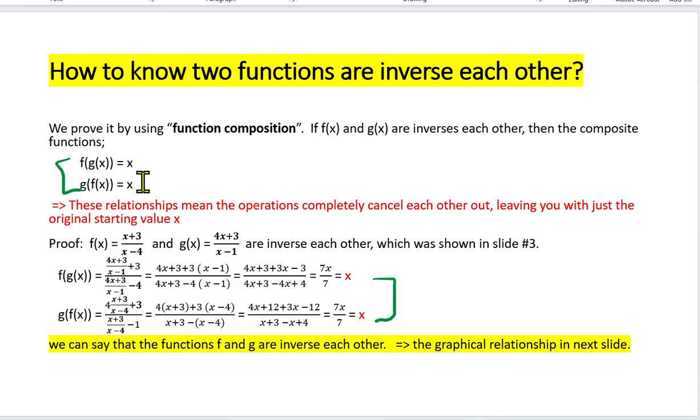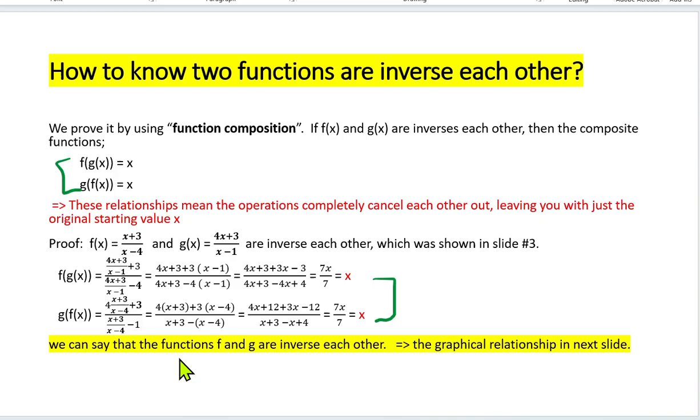If you take two inverse functions f and g and form a composite function, and you get x, that proves that the relationship between the two functions f and g completely cancels out, leaving you with just the original starting value of x.